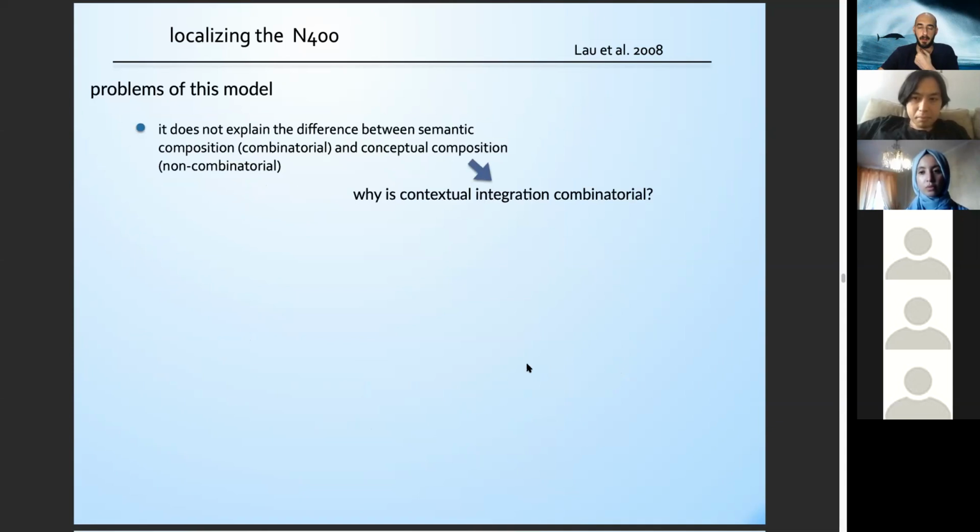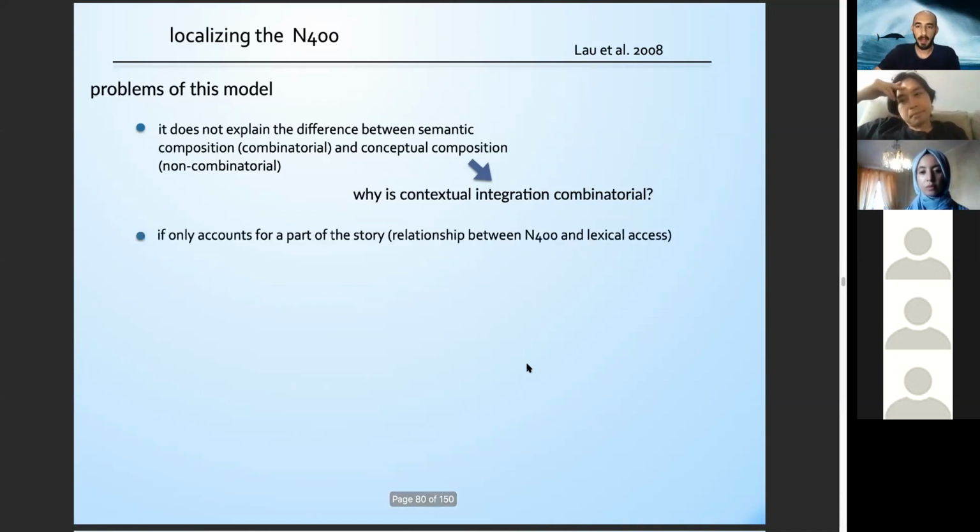So you might process two concepts together and integrate them using some sort of analog, extra-linguistic processing. If I tell you a red cat, you have to build up a mental image of a cat and paint it red. And that's different from composing the quantifier every with the noun cat, right? And it might account for just a part of the story.